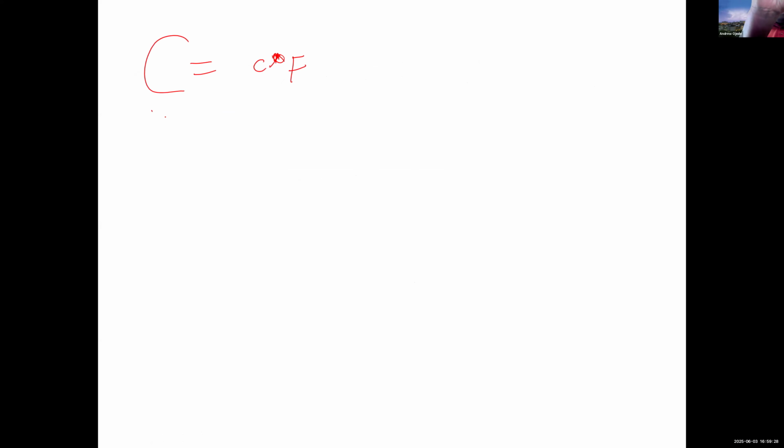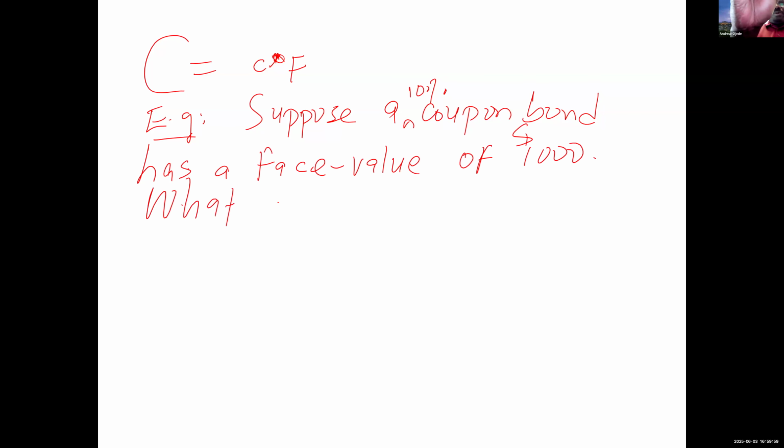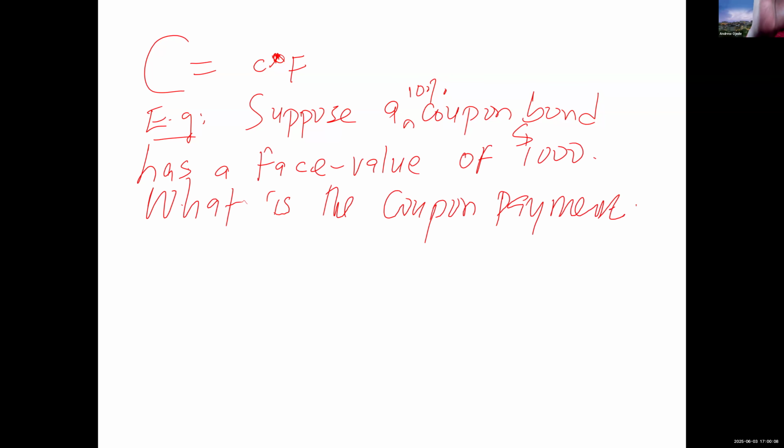Example: suppose a 10% coupon bond has a face value of $1,000. What is the coupon payment? Very easy. You just use the formula.